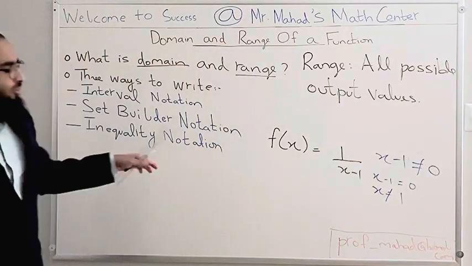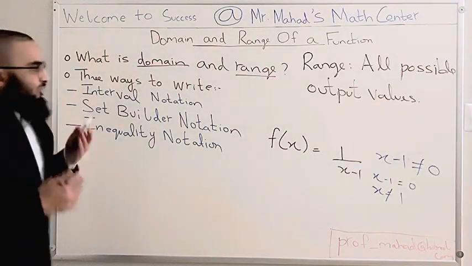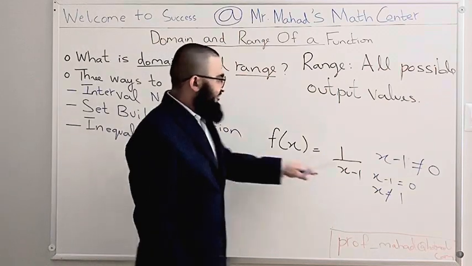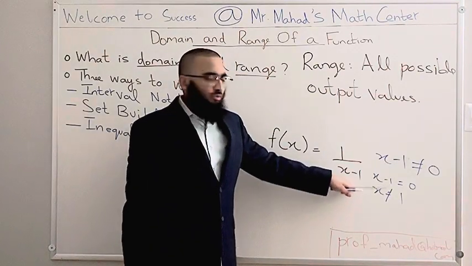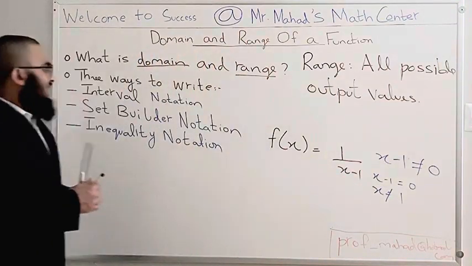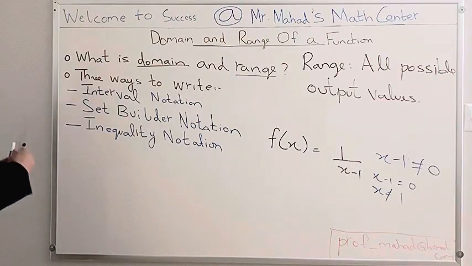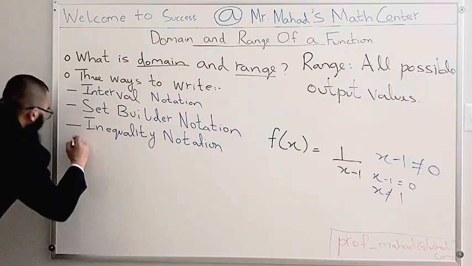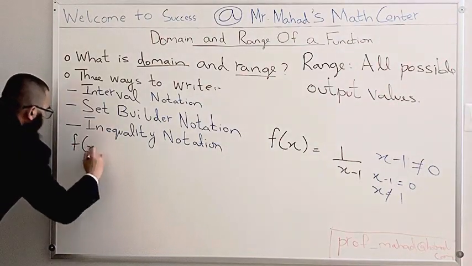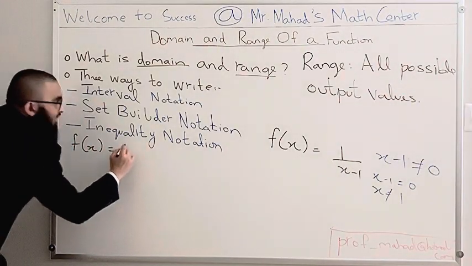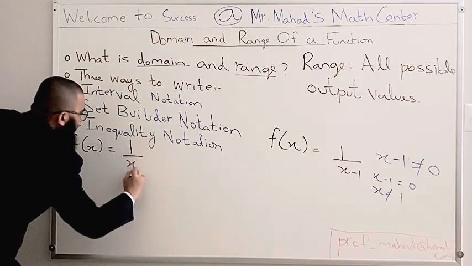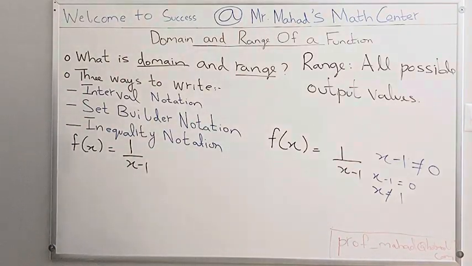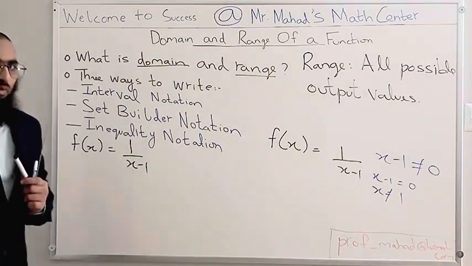Let's try to come up with some inputs and outputs for this function. I would need space, so I'm going to start here. So I have f of x is equal to 1 over x minus 1. We already know that x cannot be 1.